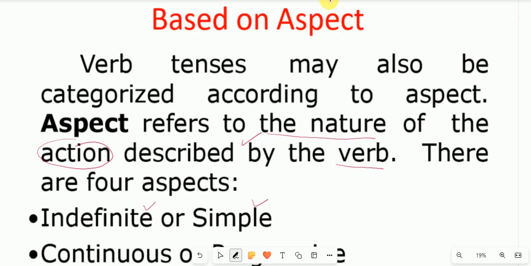It's a simple present tense, but we don't know whether I am going to continue reading it throughout the day, or am I done reading that particular book. So whenever you see a verb that describes action without specifically stating whether the action is completed or ongoing, we call that indefinite or simple present tense.